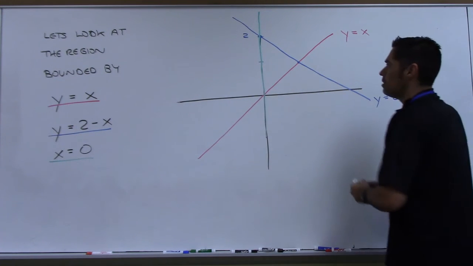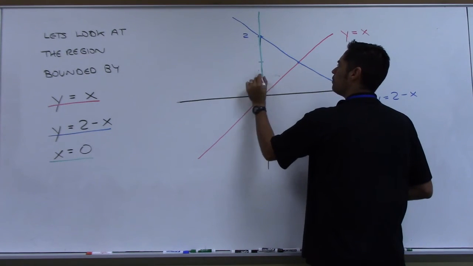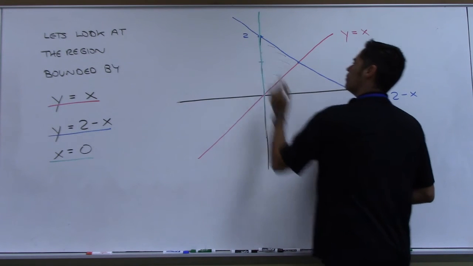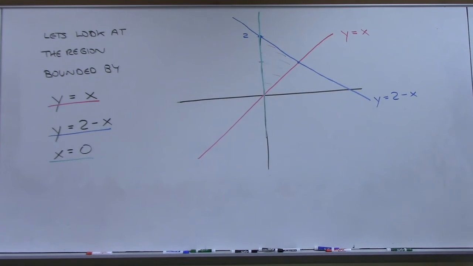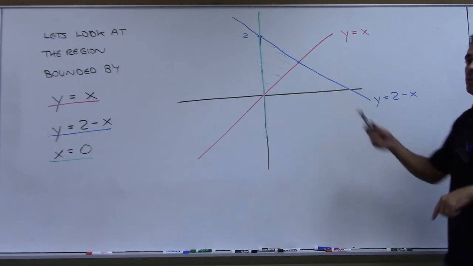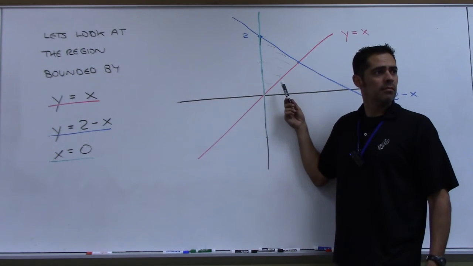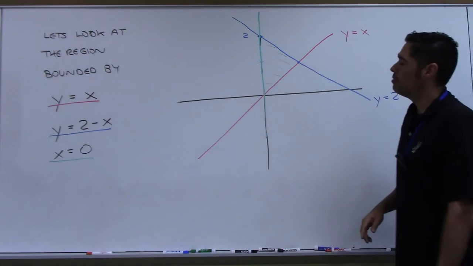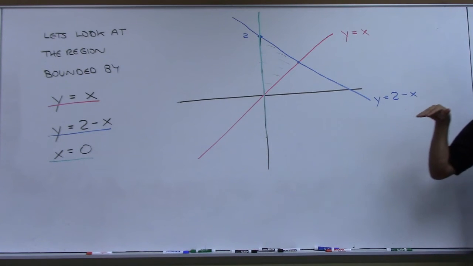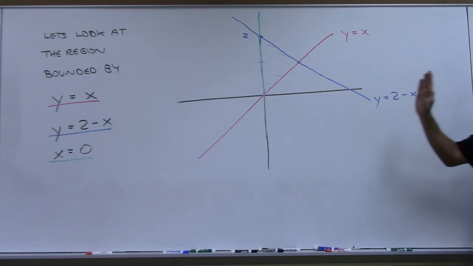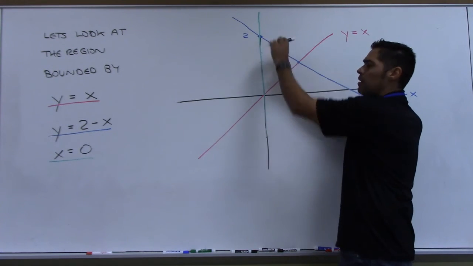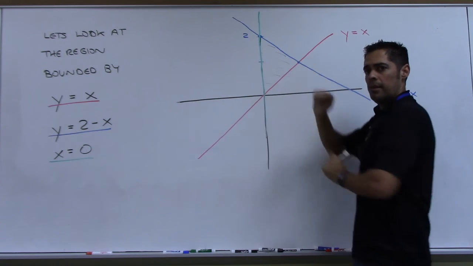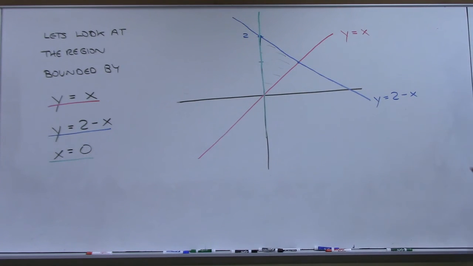All right, it's this region in here, isn't it? I could ask you right now to give me the area of that, couldn't I? If I asked you to give me the area, you would do vertical rectangles or horizontal? Vertical, right? You'd do vertical because you would have a function on top and a function on bottom. Yeah? But that's not what today is about.